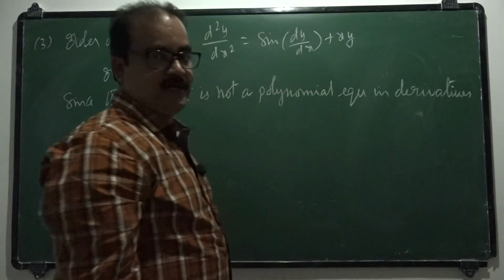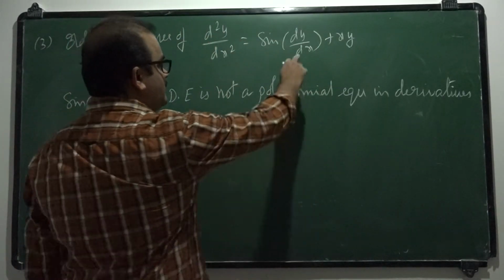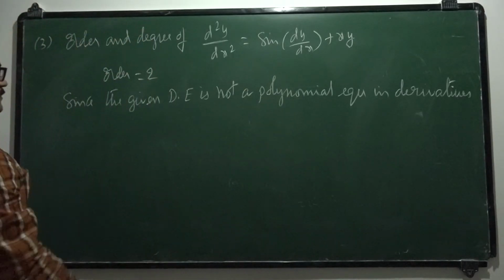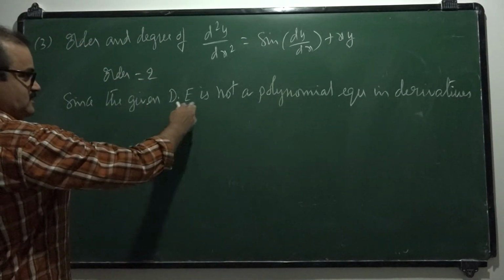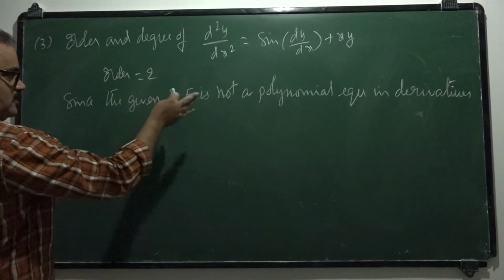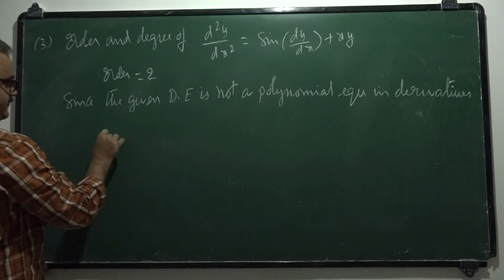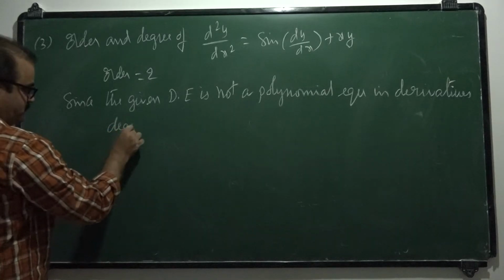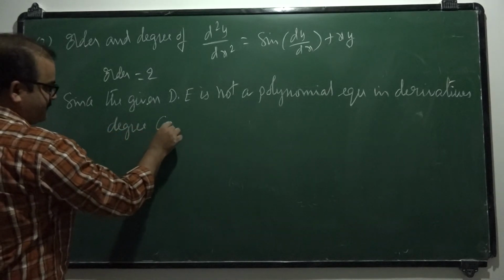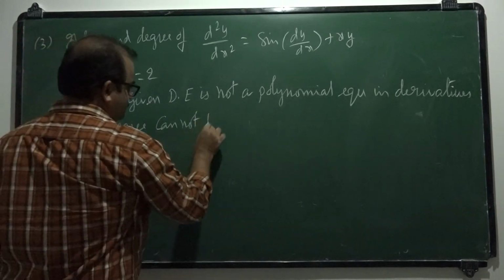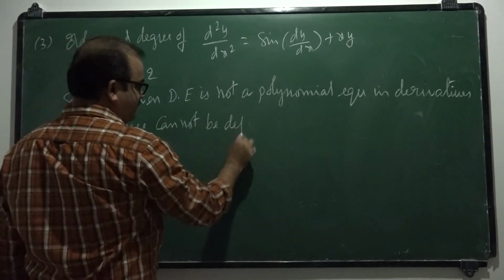Why is it not a polynomial equation? Here the derivative is in terms of sine. When the differential equation is not a polynomial equation, its degree cannot be defined. Therefore, degree cannot be defined.